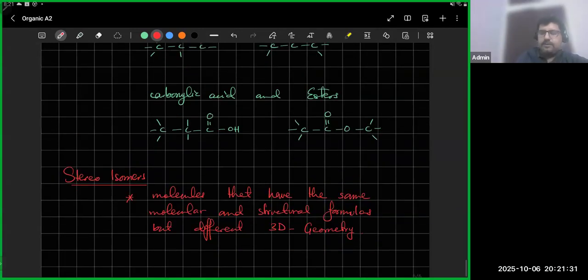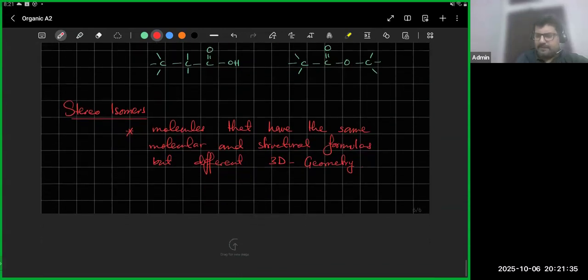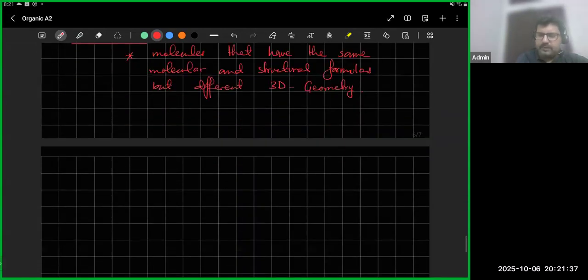You should know the definition. So the geometry is going to be different, just like your left hand and right hand.